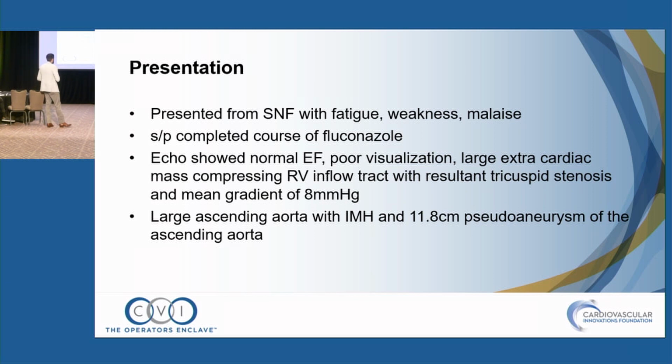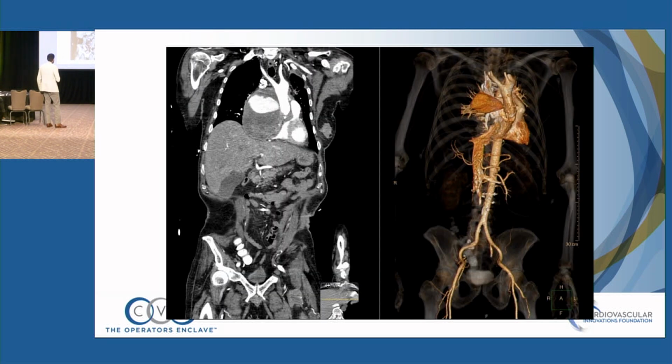Basically, what was found was a large mass compressing the RV inflow tract, a large ascending aorta intramural hematoma, and an almost 12-centimeter pseudoaneurysm of the ascending aorta near the suture line. So you can see here some images of that.